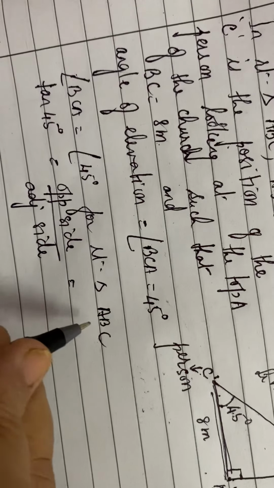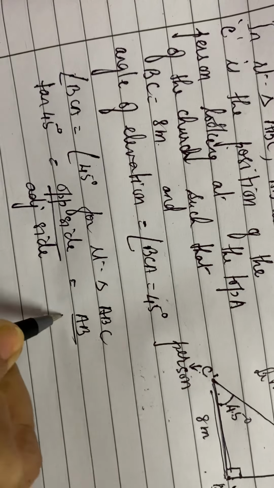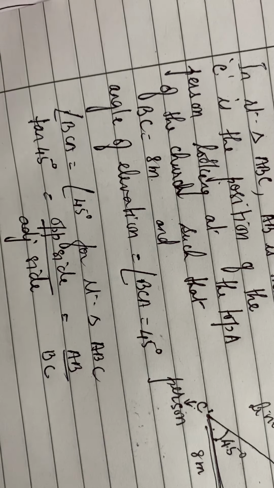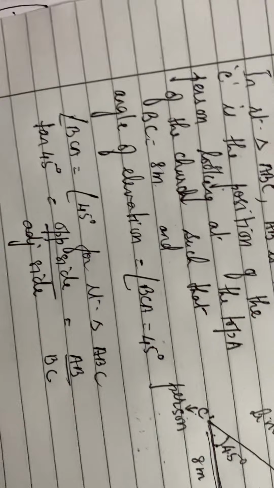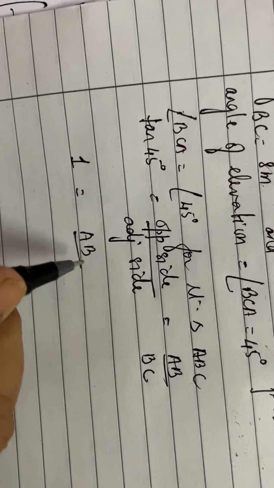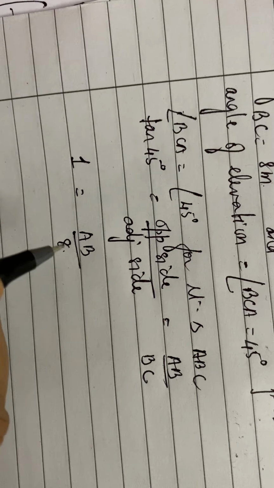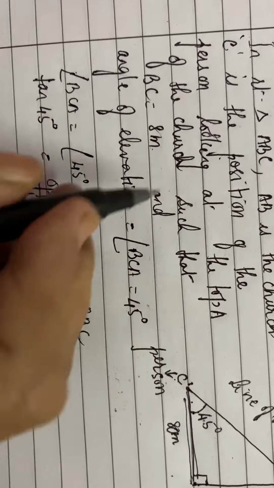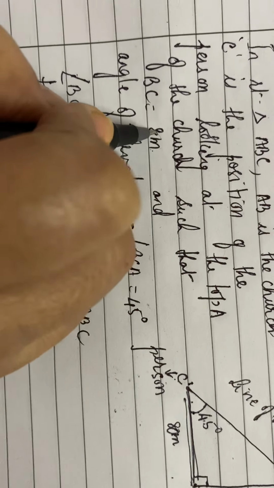The opposite is AB, adjacent is BC. Tan 45 is 1. Opposite you have to find out. Adjacent we have been given as 80 meters, not 8, 80 meters. Sorry for that, children.